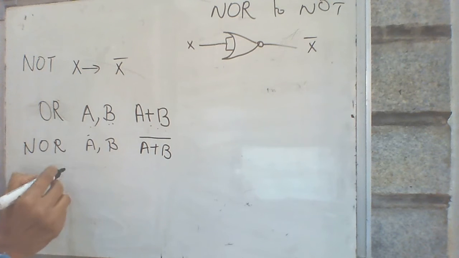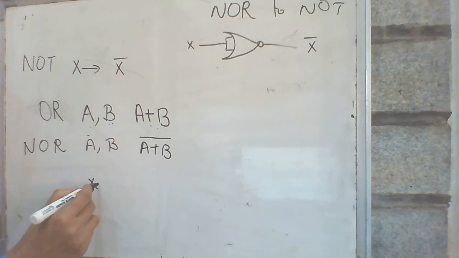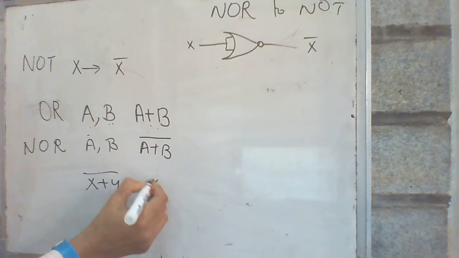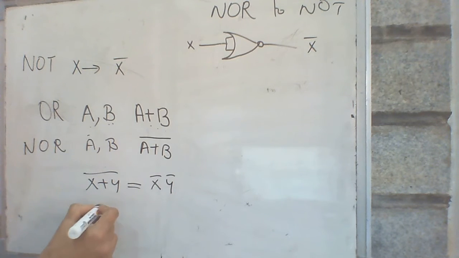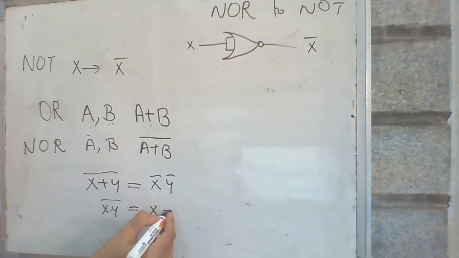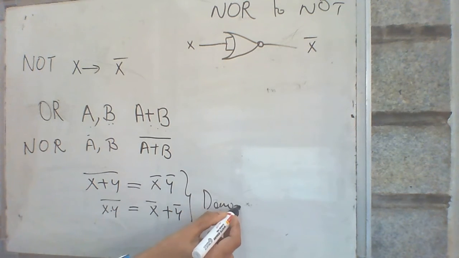Then next theorem, De Morgan's theorem. What is De Morgan's theorem? X plus Y the whole bar is equal to X bar Y bar. XY the whole bar is equal to X bar plus Y bar. Here dot means on the right side it will be plus. This is De Morgan's theorem.